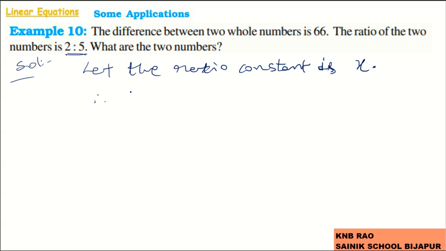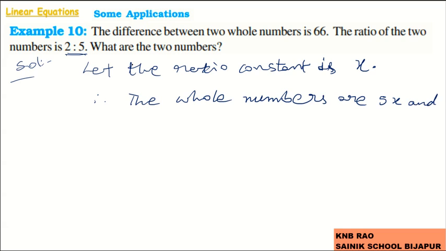Therefore, the whole numbers are 5x and 2x. The moment you know the whole numbers with the help of the ratio constant x and the ratio, now we can use this condition.